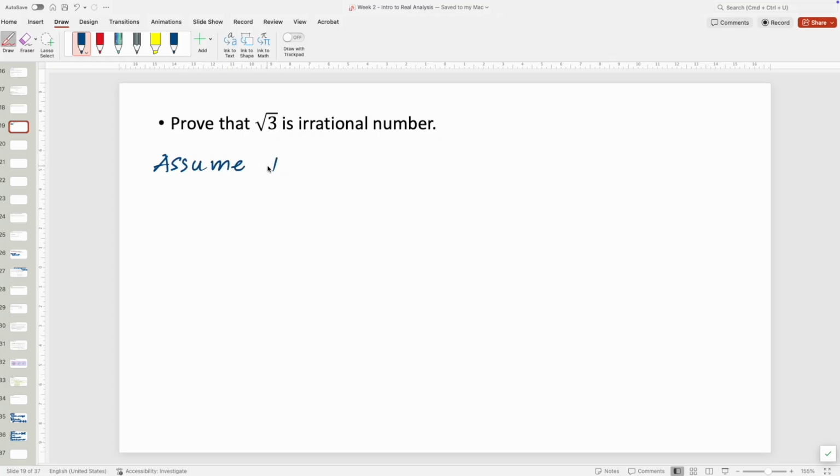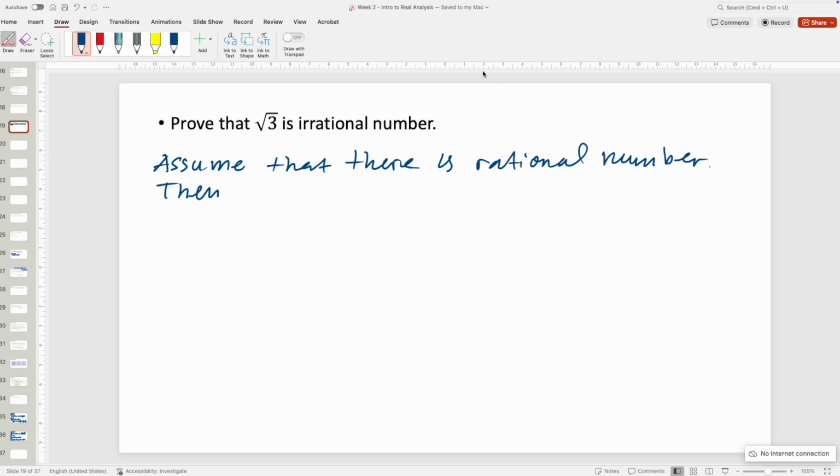Assume that there is a rational number, such that it can express square root 3.